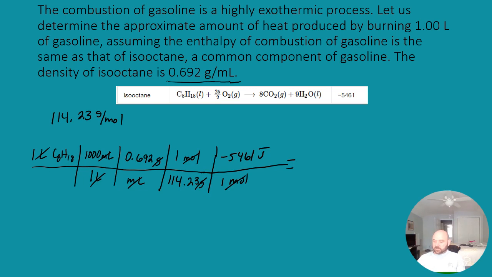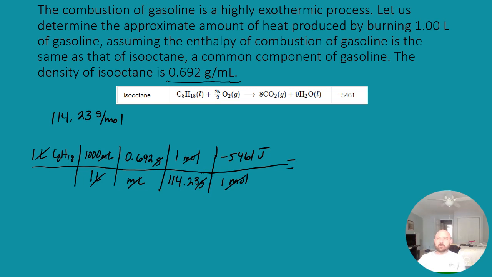So at this point, we just need to plug and chug. We are going to do 1,000 times 0.692 times 5461, which is 3 million and some change, and divide it by 114.23.